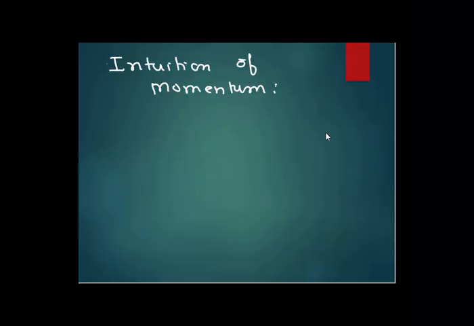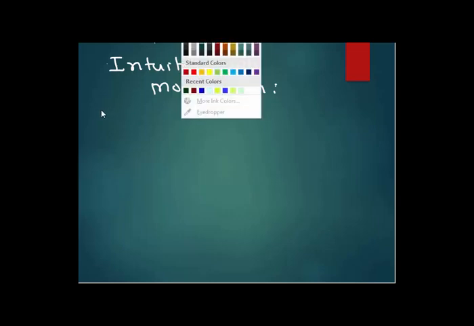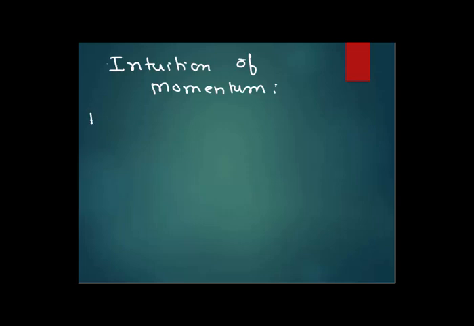Let us now try to get an intuition of what momentum is exactly. What does it mean to have a large momentum? What does it mean to have less momentum? Let us take the example of a bullet. Now we know that a bullet has a very small mass and very high velocity.